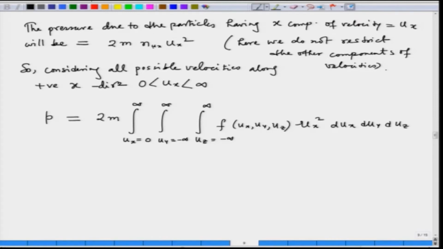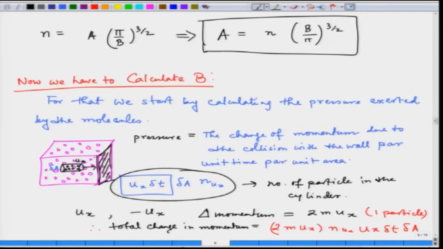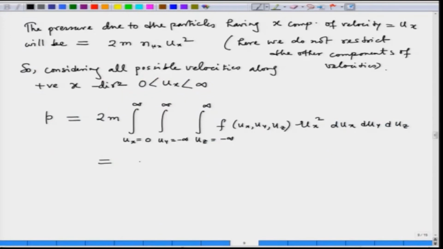So, this part is giving me the pressure, but this is not an arbitrary pressure, this pressure is given on this wall. And if you do this integration correctly, you will see the total integration can be separated. So, now you can see that it will have 0 to infinity, minus infinity to plus infinity, minus infinity to plus infinity.